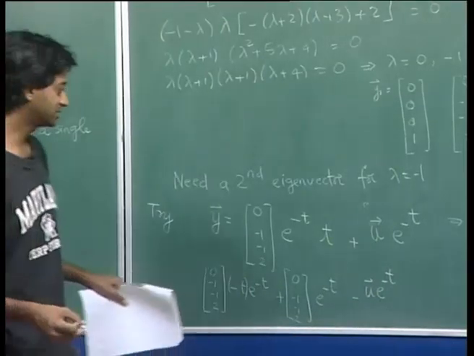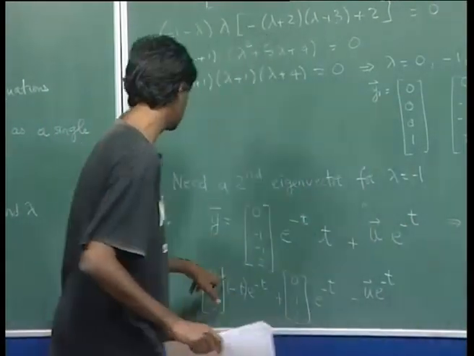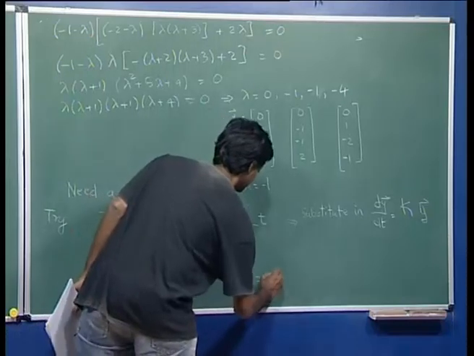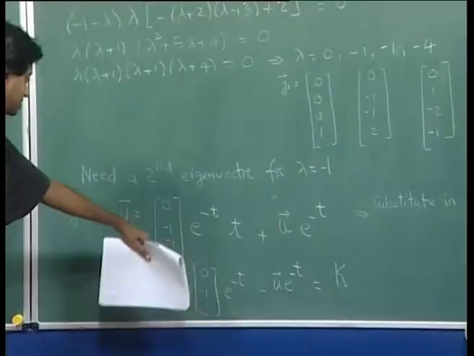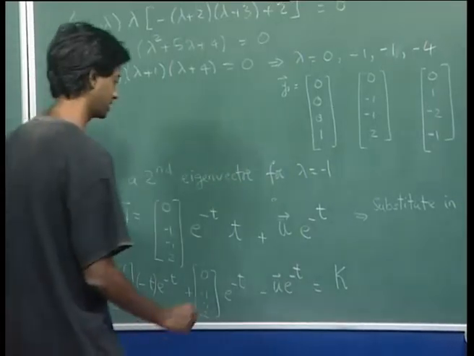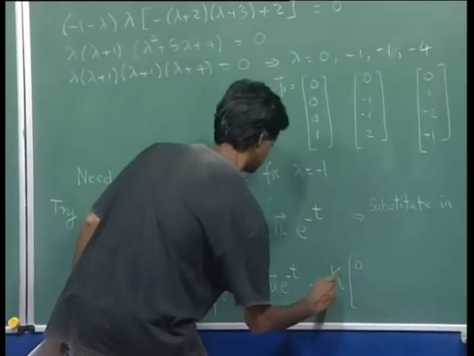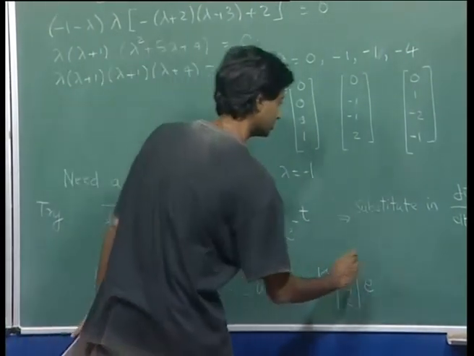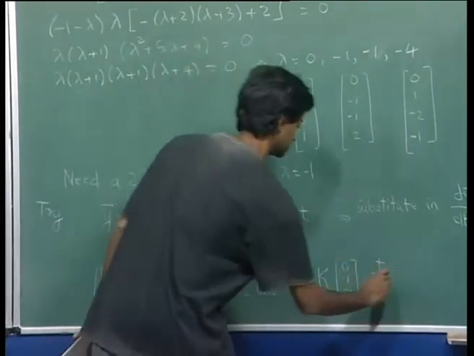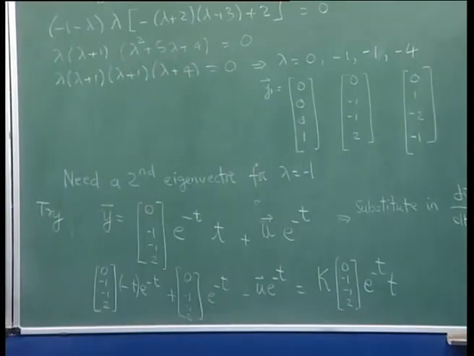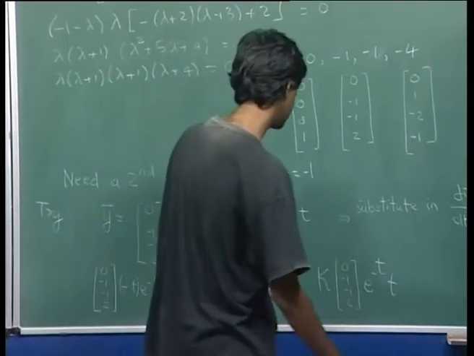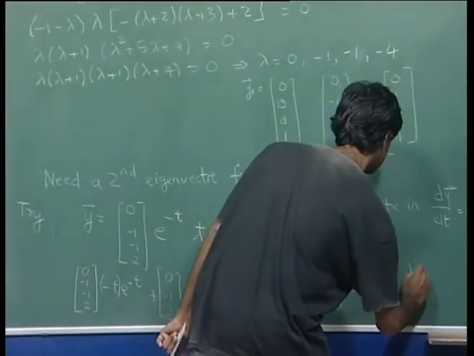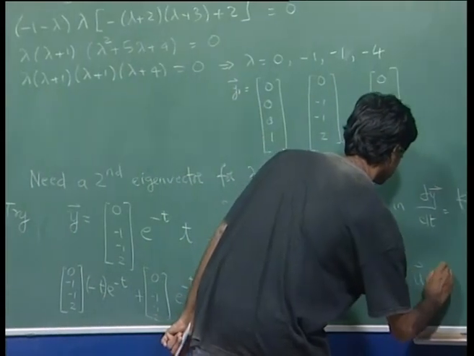Okay, and this gives me the left hand side in this differential equation, dy by dt. Now for the right hand side, I get k. The first term is just k times the eigenvector, e to the minus t into t, and the second term is just plus k u e to the minus t.